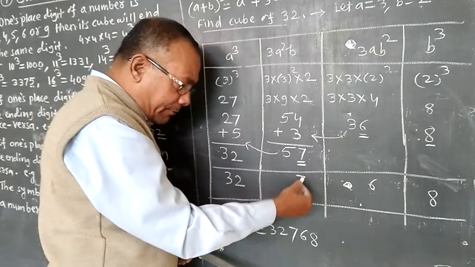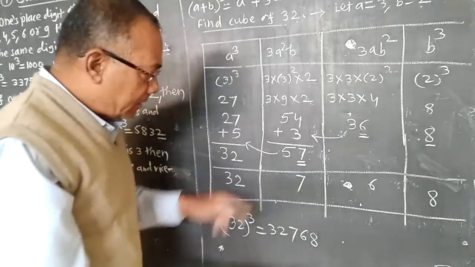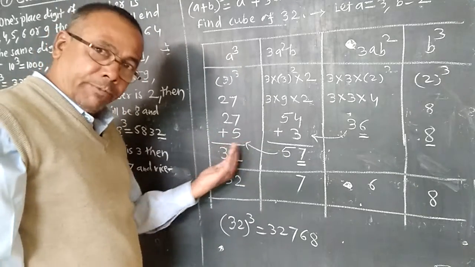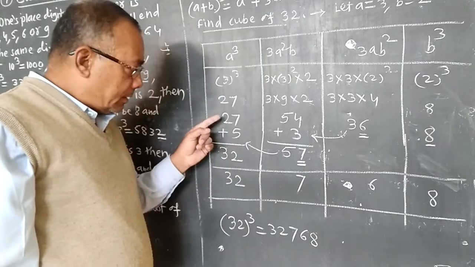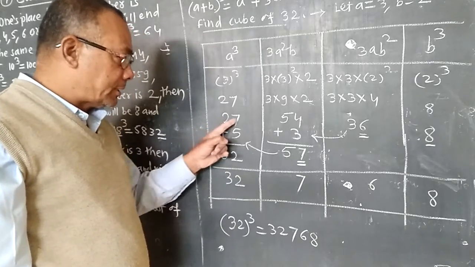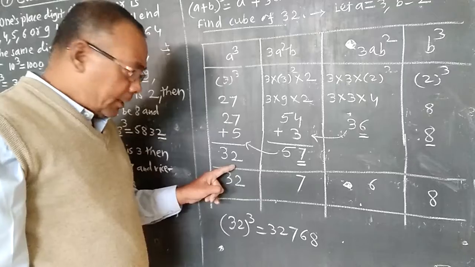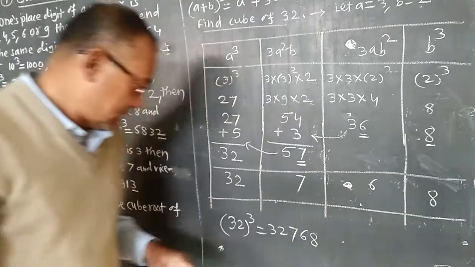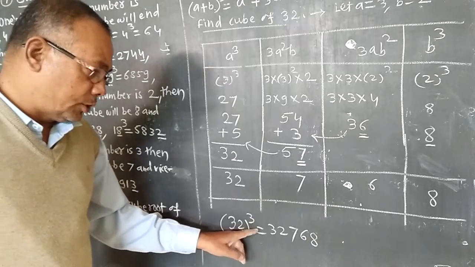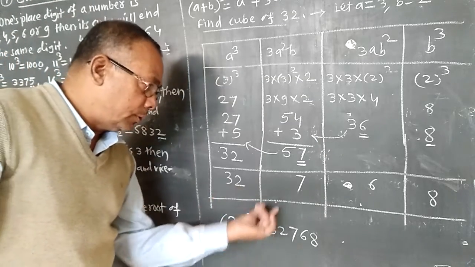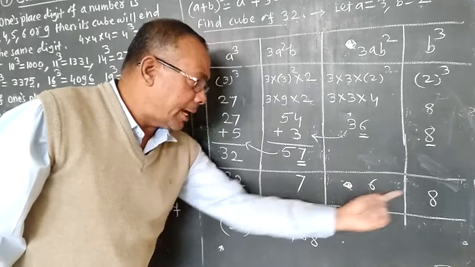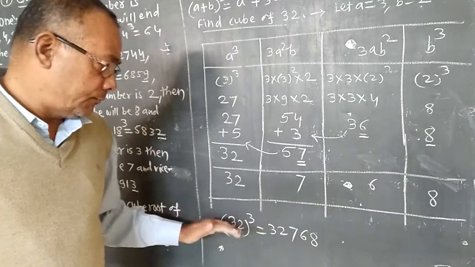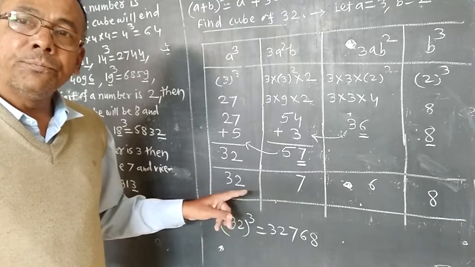Then write only 7 below and take 5 to the previous column and add to 27. 27 plus 5 is 32. And therefore 32, 7, 6 and 8, so 32 cube is equal to 32,768, which is the cube of 32.